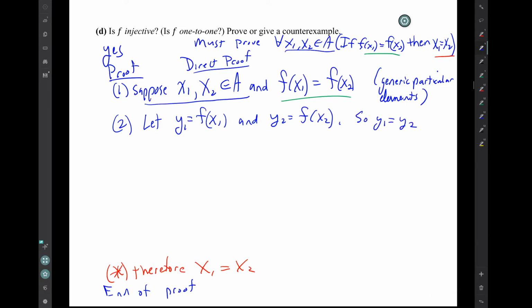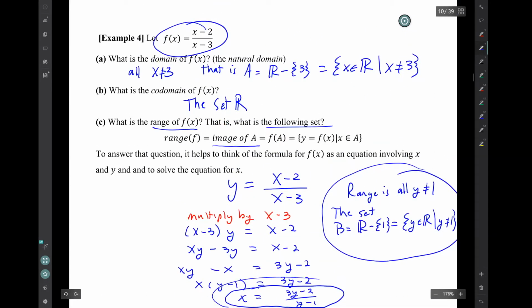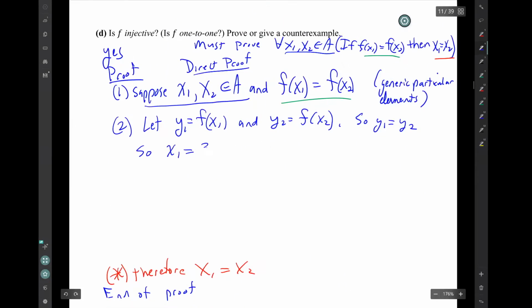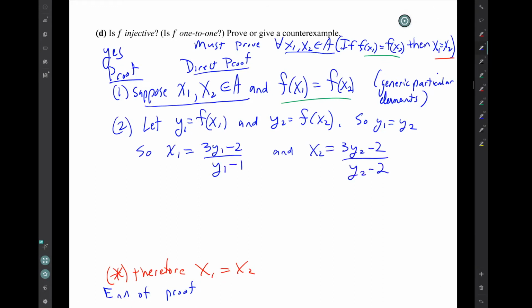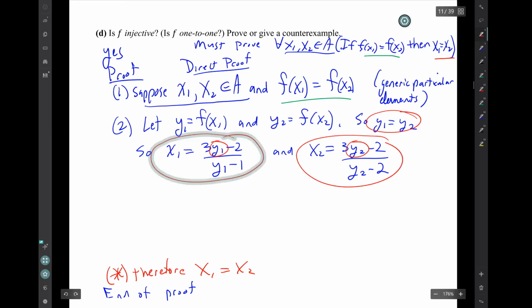Now let's go back a page. We have this formula that will give us the values of x. Since the values of y1 and y2 are the same, these expressions will give the same values of x.